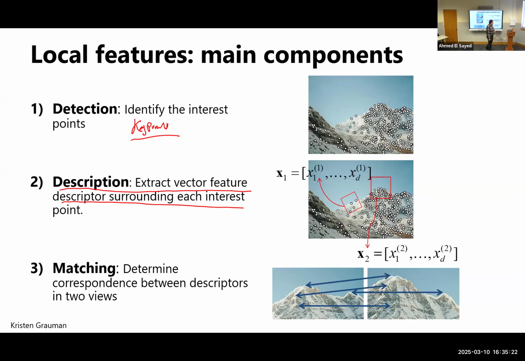Last time, we discussed one type of those points of interest, which was the corners. We said that there are two types of points of interest. The first type is the corner. The second type is the edges, the lines, and blobs.